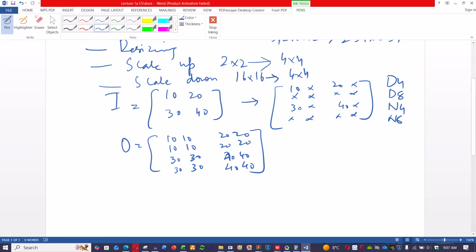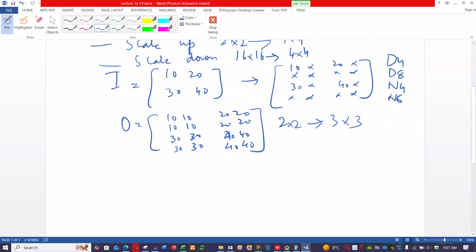However, if we are going for sizes like 2 into 2 to 3 into 3, our output should look something like 10, x, 20, x, then 30 and then 40. For such cases we can use, for example, averaging, or some formulation. If we are looking for averaging, the average for this pixel would be 10, 20, so this would be equal to 15.